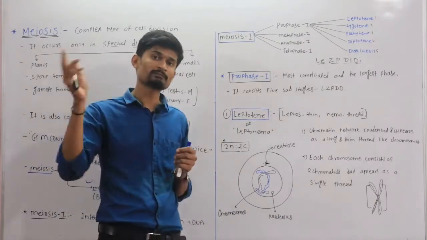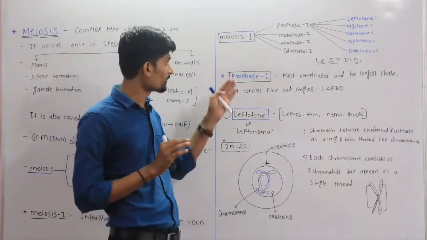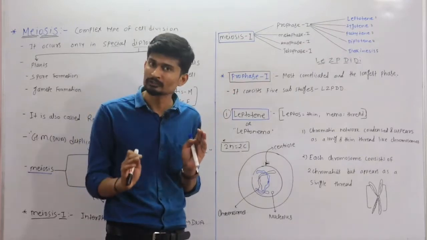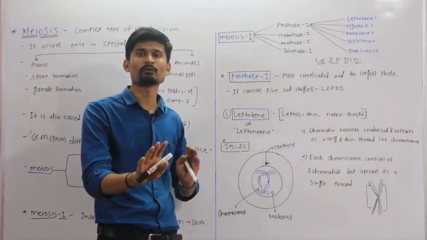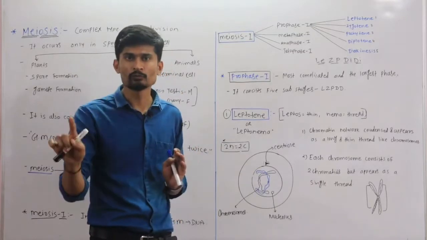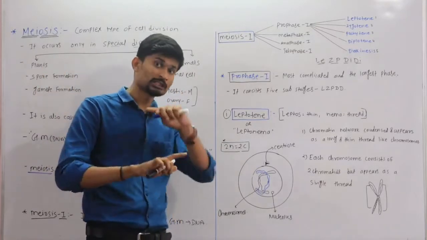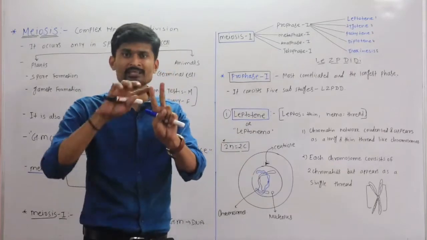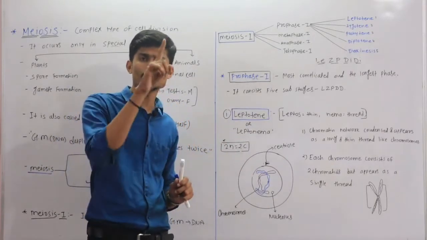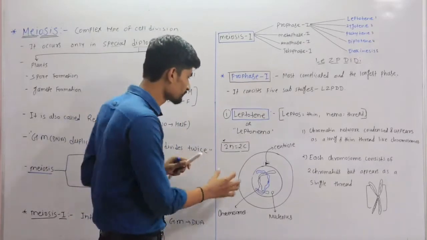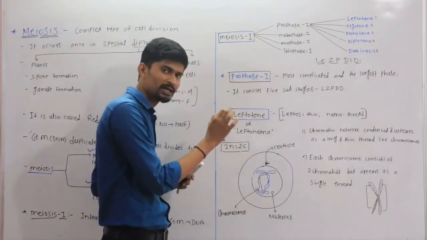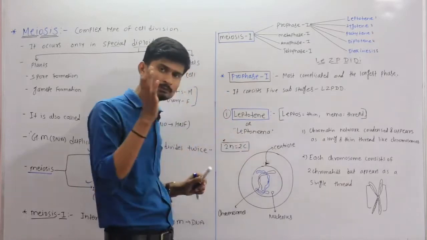When 4 cells are formed after the completion of meiosis, all 4 cells have only one chromosome, because the diploid condition has 2 chromosomes. That's why the haploid condition will have 1 chromosome in each cell. So remember, we are considering 2n = 2c.